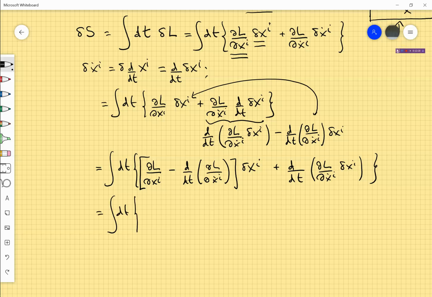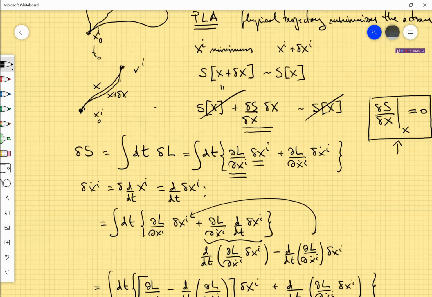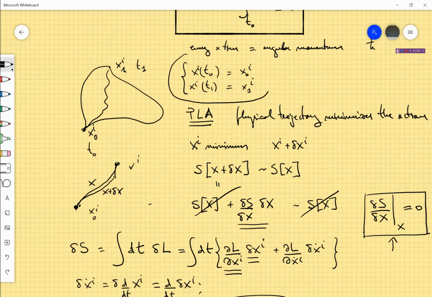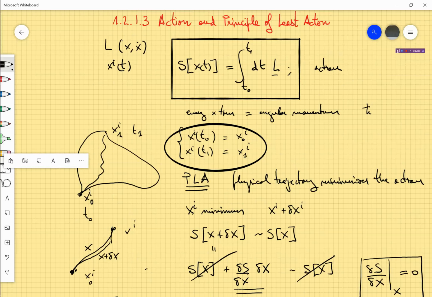I'm not going to bother to copy it. Delta xi, and then we have to apply Barrow's rule, between t0 and t1. I haven't written the limits of integration, but it is assumed that they are t0 and t1. We are restricting ourselves to this kind of configurations, and the integration limits are between t0 and t1 by definition of action here above.